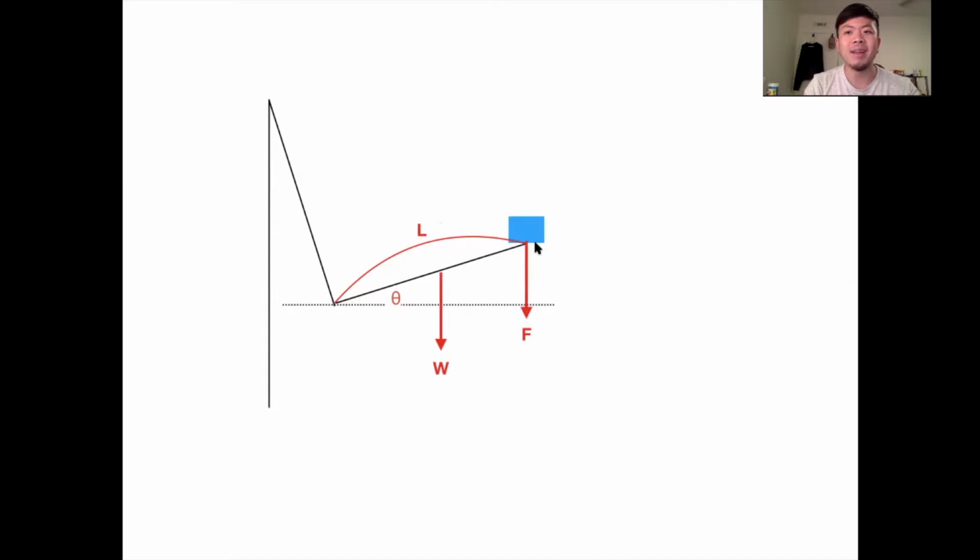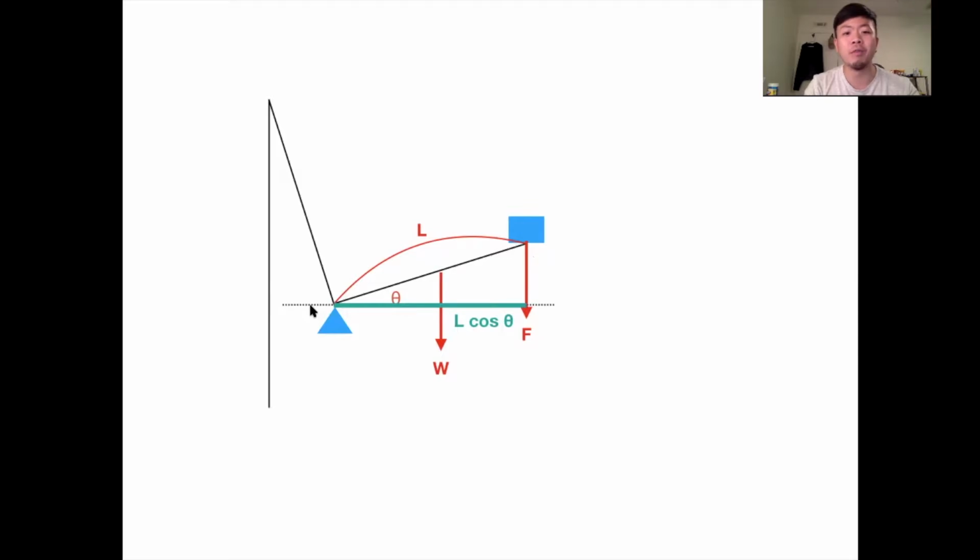All right, then if we want to calculate the torque, we need to find a moment arm, right? Remember the key concept, the moment arm should be perpendicular to the force and cross the axis of rotation. So obviously, the moment arm for F will be this green line, right? It's perpendicular to the force and also crosses the axis of rotation.